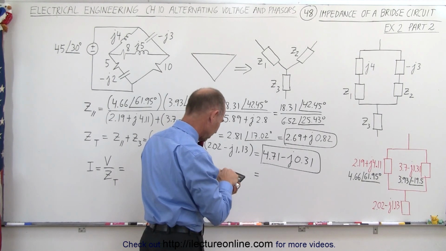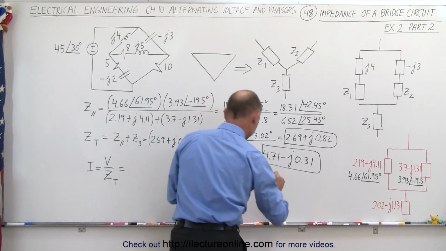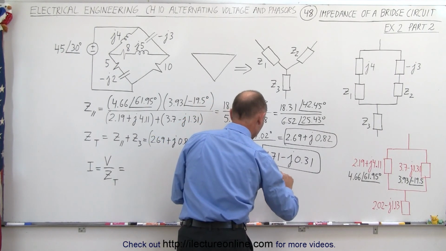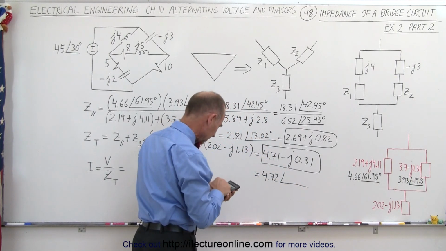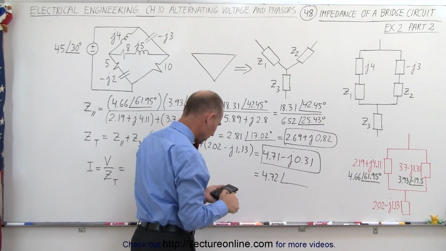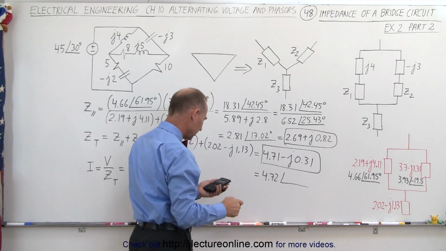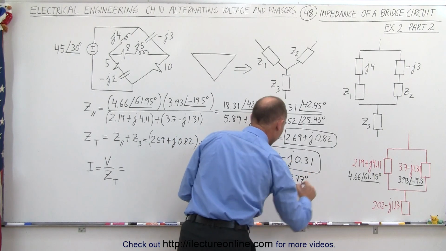That doesn't change much there. It gives us 4.72 with a phase angle of 0.31 divided by 4.71, and take the inverse tangent. That's a negative 3.77 degrees.